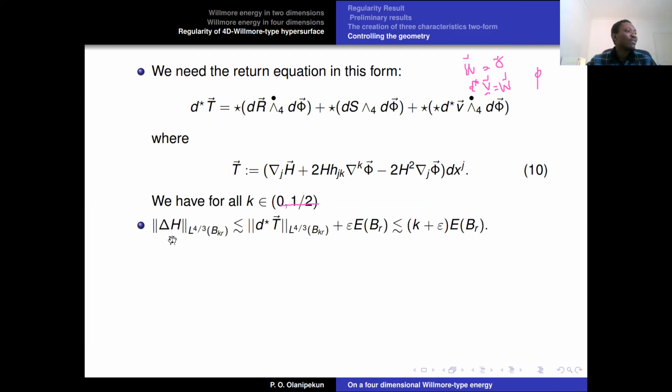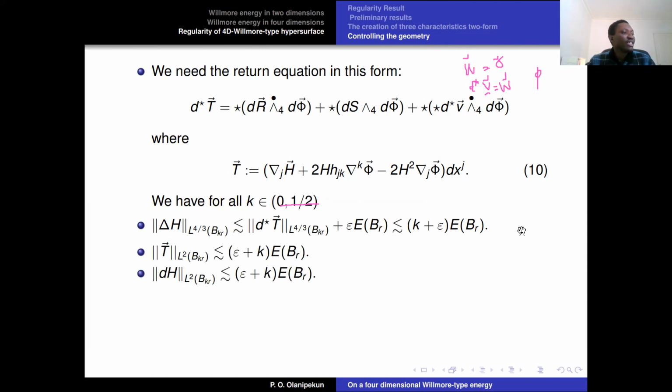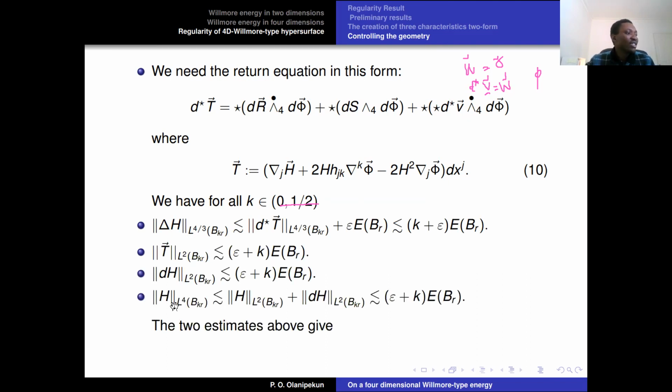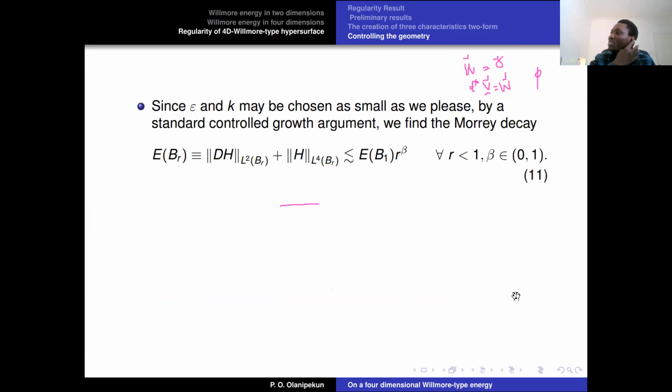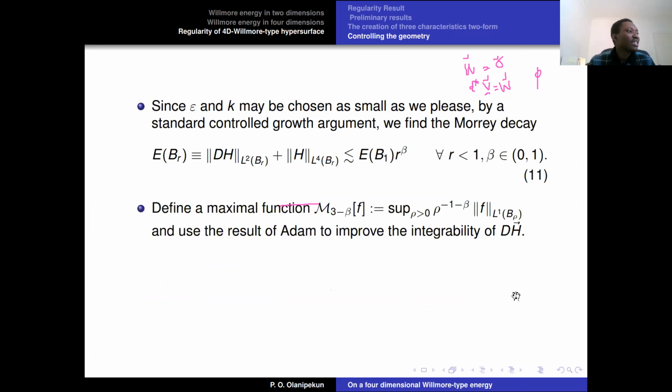The first information that we have is that we're able to bound the Laplacian of H, delta H, in L4/3, and this is the bound that we have on that. Then T is bounded this way, H is bounded in L2, and H is bounded in L4 this way. These two estimates above now give this estimate, so from there we have a Morrey decay, and then we can proceed and use the standard argument.